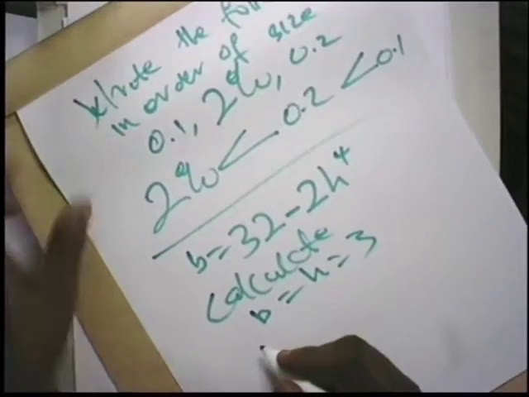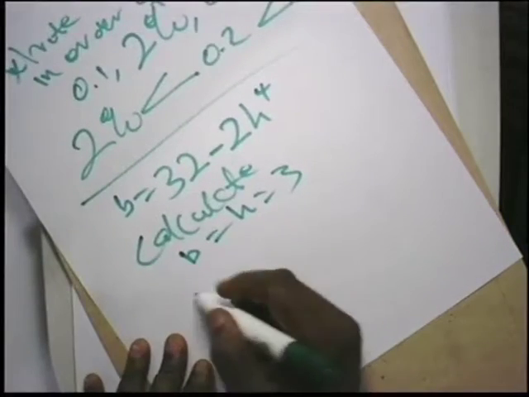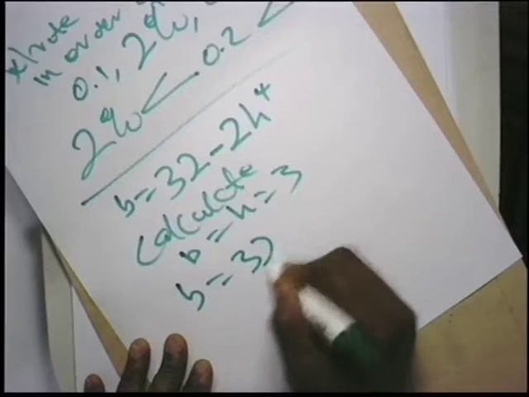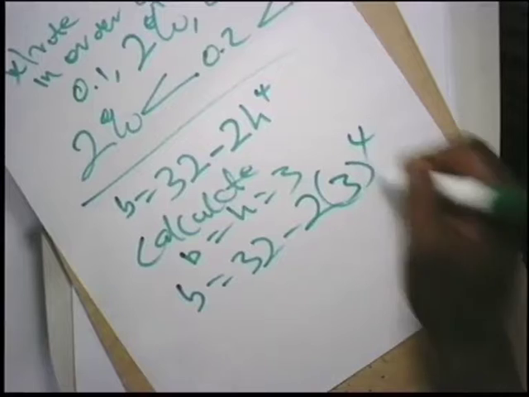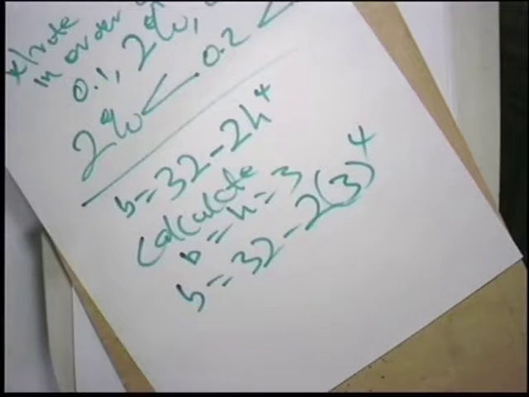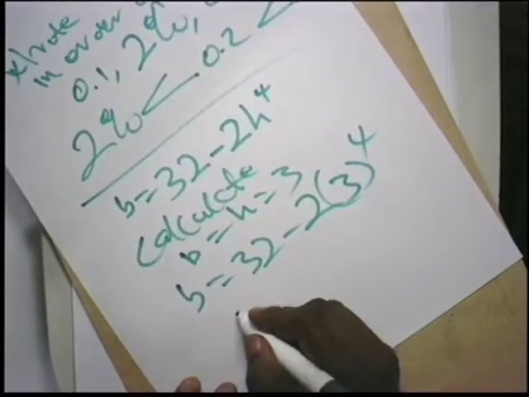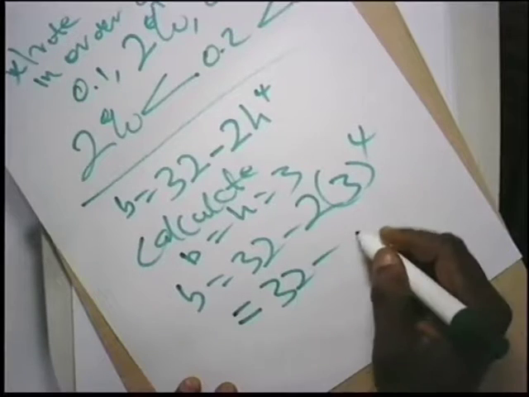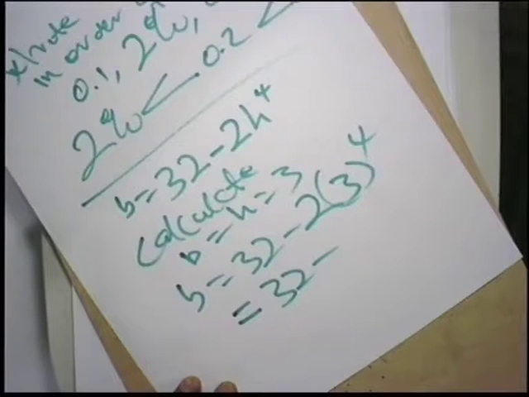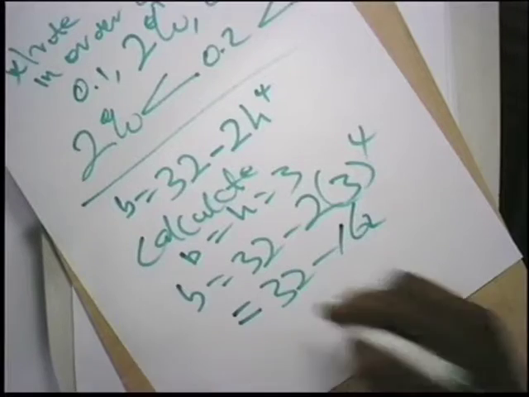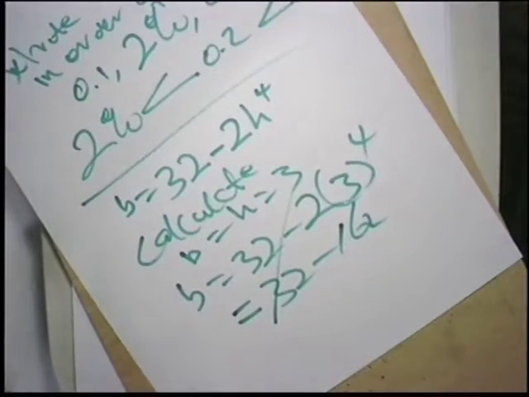Very simple, that will be B equals 32 minus 2 times 3 raised to power 4. 3 by 3 by 3 by 3, which is equal to 32 minus 81 by 2. Then it will give you this, then you get your value. So these are very straightforward as well.